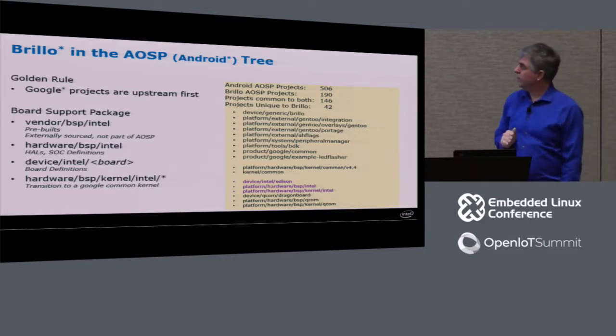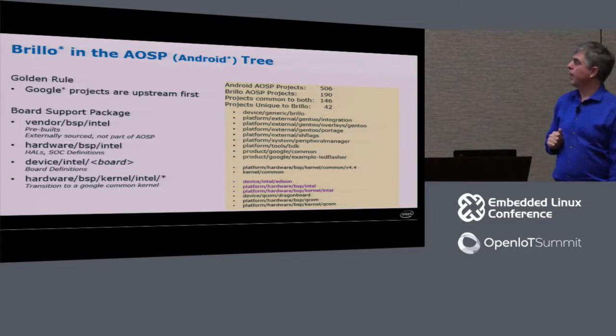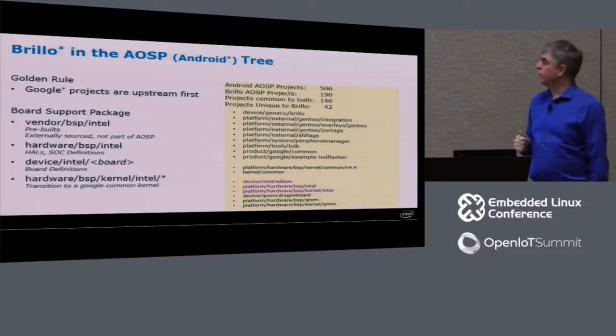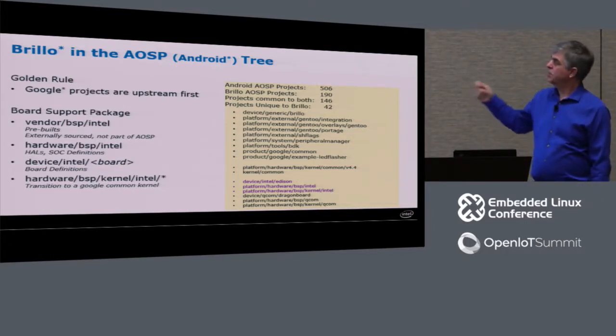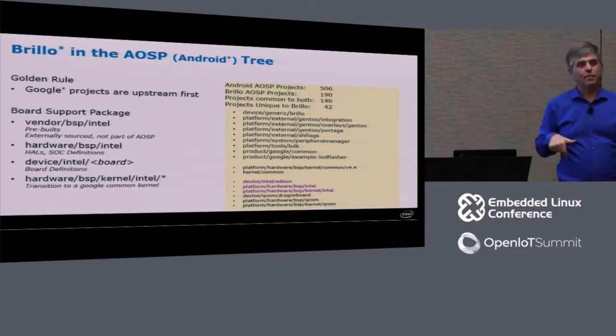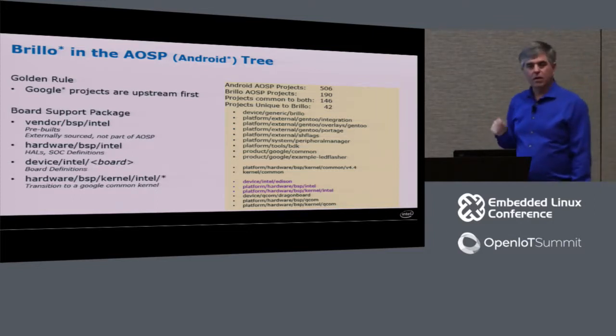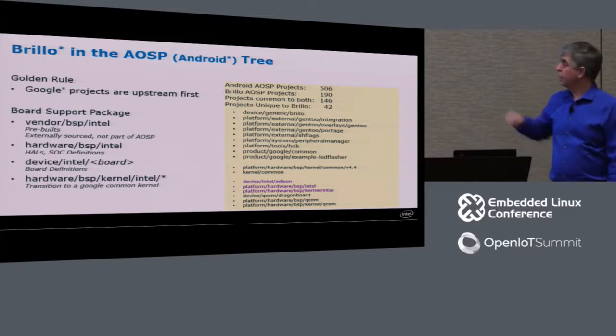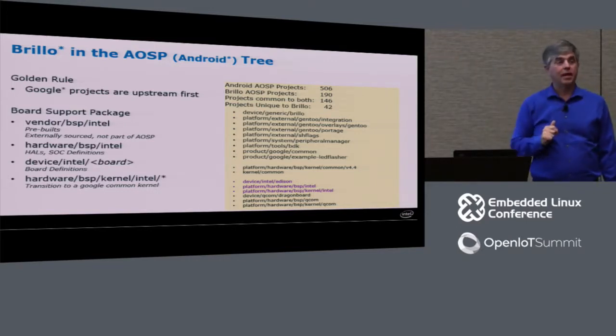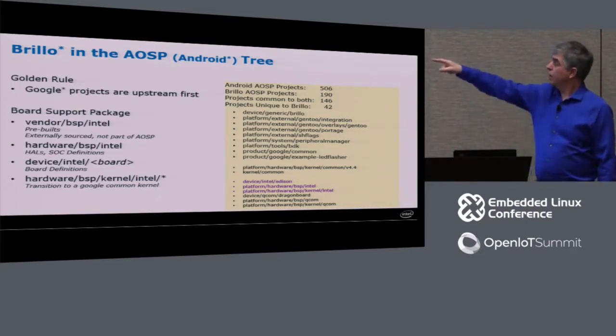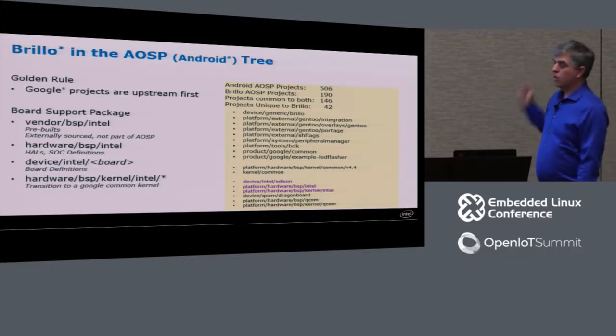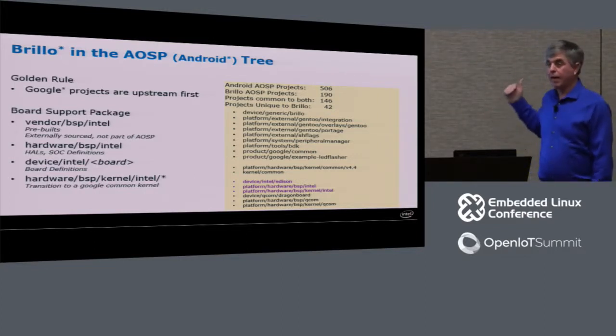If you take a look on the left side of the slide where I'm talking about the board support packages, this is what we have there for Intel right now. The vendor BSP Intel isn't actually a Git repository. That is downloaded by the brunch command, which is part of this Platform Tools BDK Git repository. What it'll do, it'll go out to the web, and it will go to a particular location, usually on GitHub, and find a branch and a SHA-1 for code that needs to be part of the BSP.